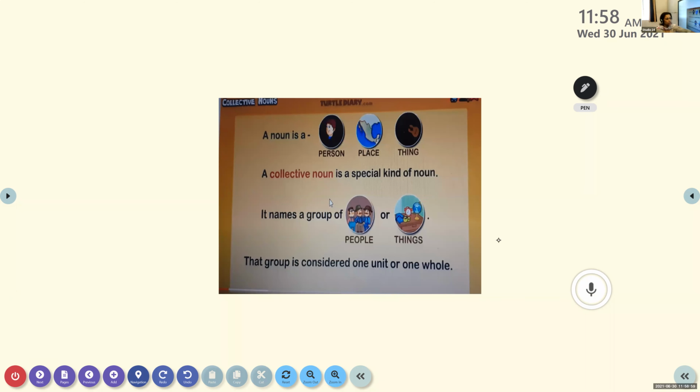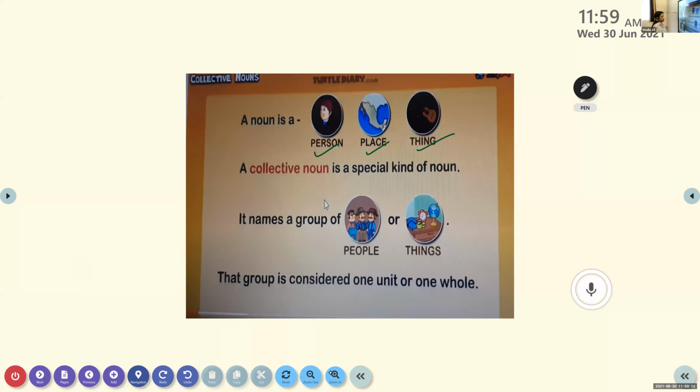A noun is a word that names a person, place, animal, or a thing. We are just having a recapping session. We have already started with collective noun. I've given you a few examples related to the topic. So let's continue with the same topic, that is collective noun, worksheet 3.